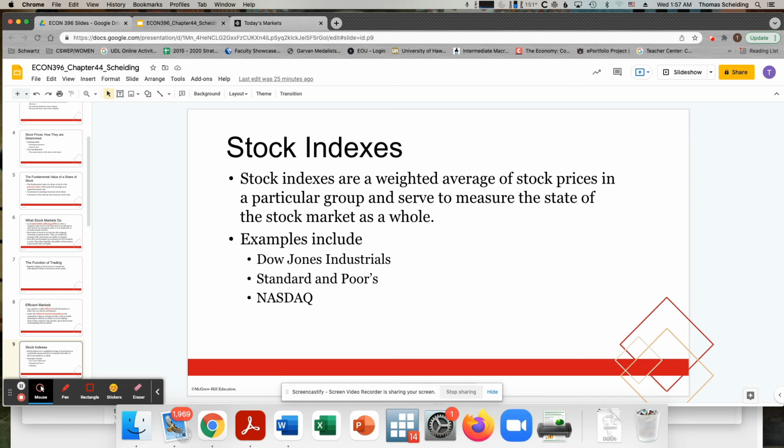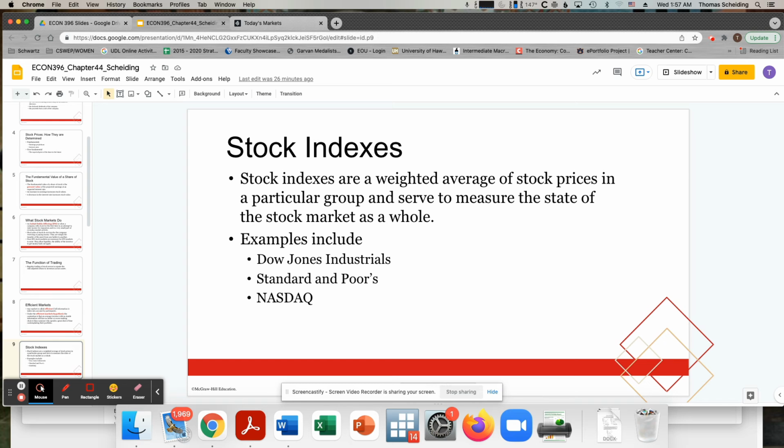Okay. Where we see these markets operating is that these stocks are generally listed on indexes, and the indexes you've probably heard about already, just because they're pretty popular. That'd be things like the Dow Jones, Standard and Poor's, or S&P, and Nasdaq. Generally speaking, if you listen to any business program, they'll tell you what those weighted averages are.